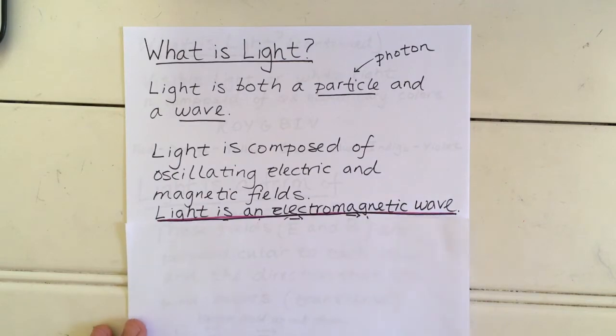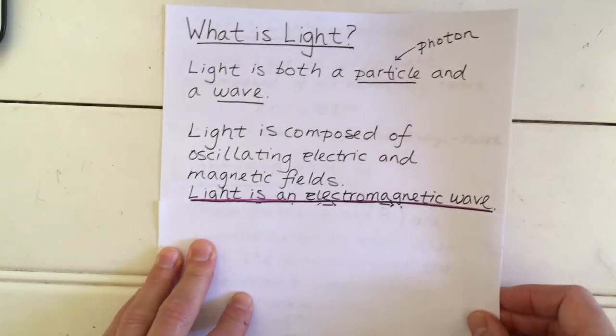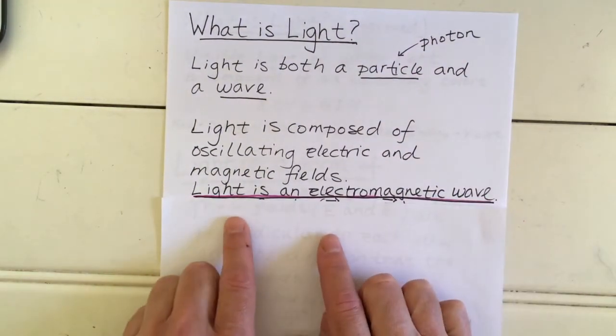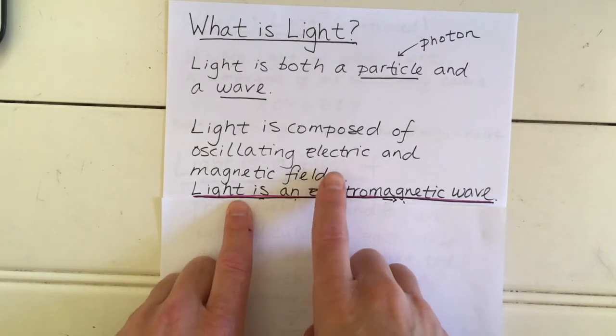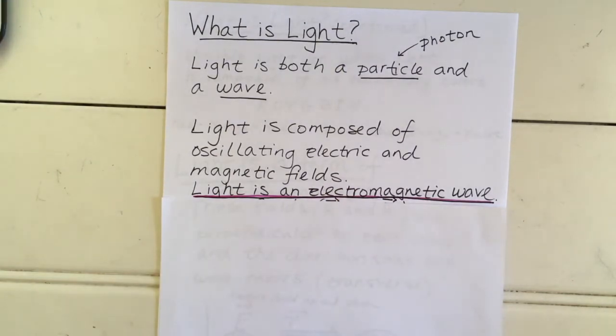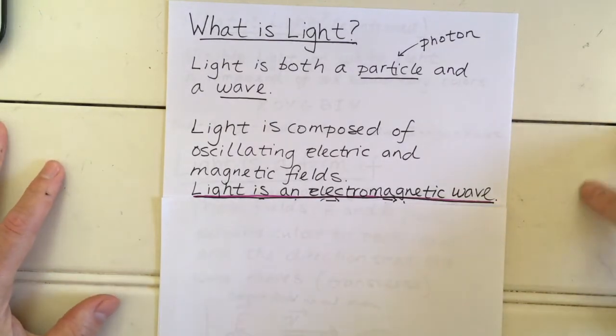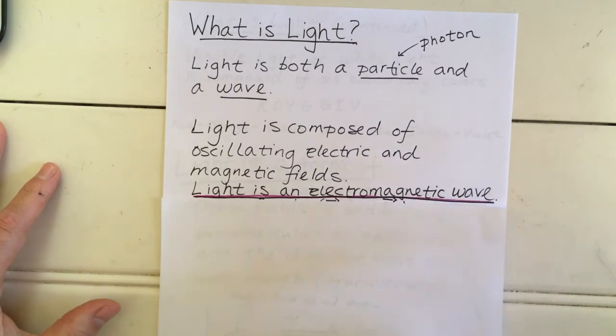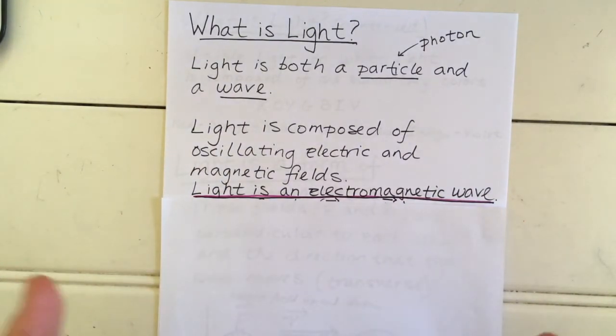Light as a wave is something called an electromagnetic wave, and it's because it's composed of oscillating fields of electricity and magnetism. So we said the field theory is the idea that a particle changes the space around it and creates a field around it, instead of having two objects that create, say, the force of gravity.